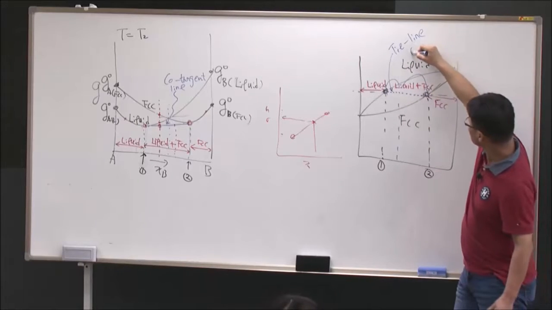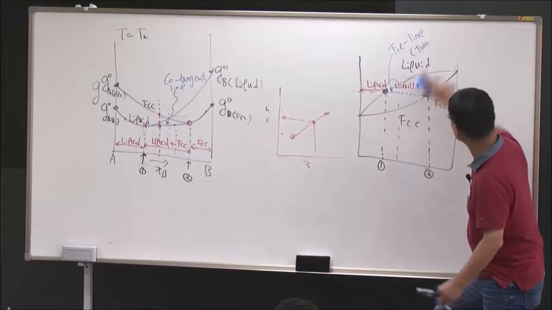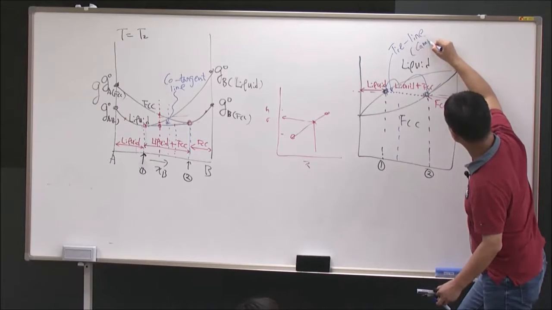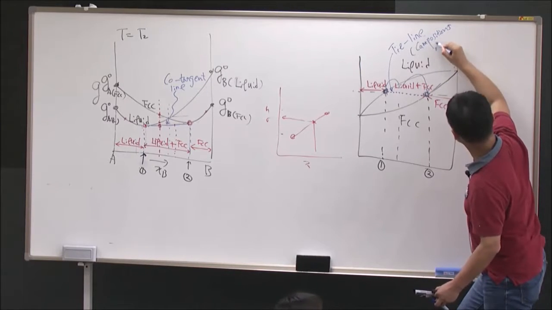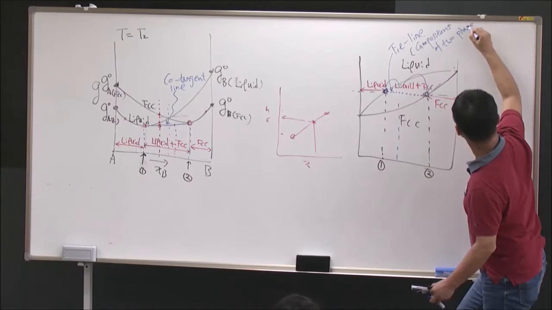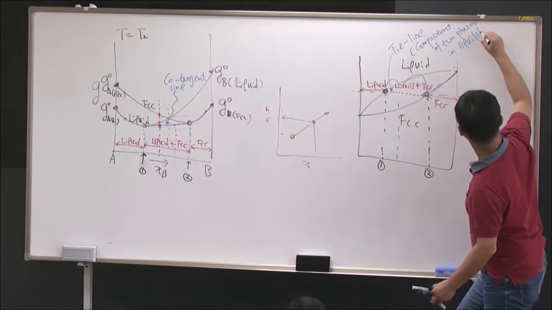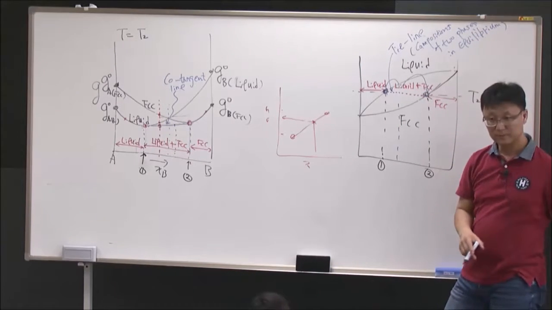And the tie line shows the two compositions of the two phases in equilibrium at the given composition. Okay?